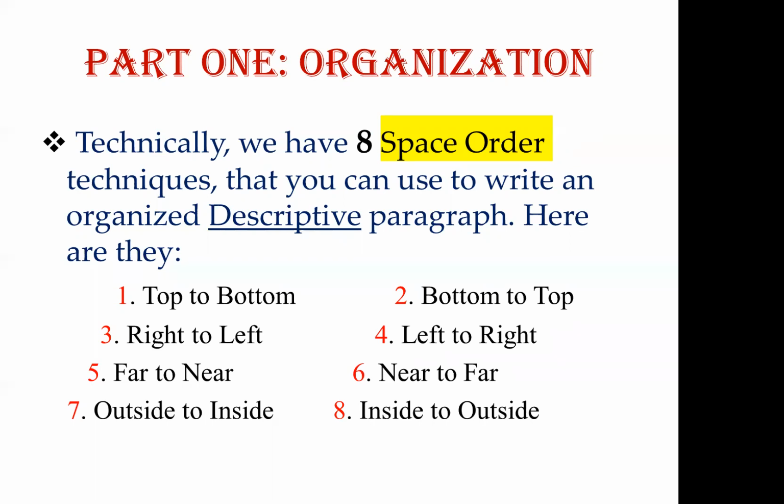And the last thing, which is from inside to outside. I think right now it is clear what we mean when we say a space order descriptive paragraph, which is you pick a direction or a space order technique, then you follow it, and you just start to describe items following this direction or way.